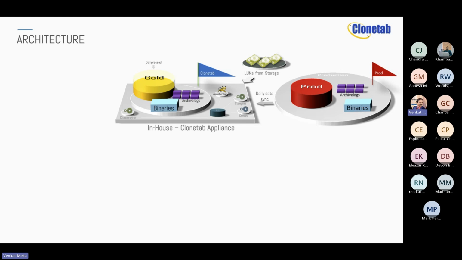Spin disks are usually slow. And then we also recommend that you have at least 10 gig network bandwidth within the Clonetab ecosystem, meaning between your production EBS and the Clonetab appliance, and between the Clonetab appliance and your target non-prod EBS, PeopleSoft, and Oracle database environments.